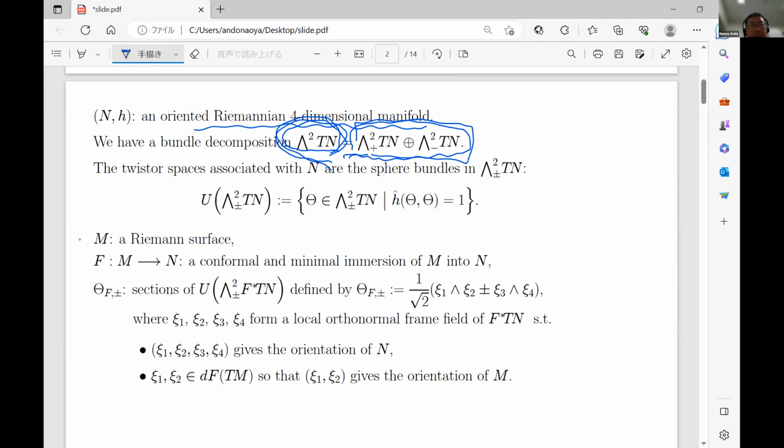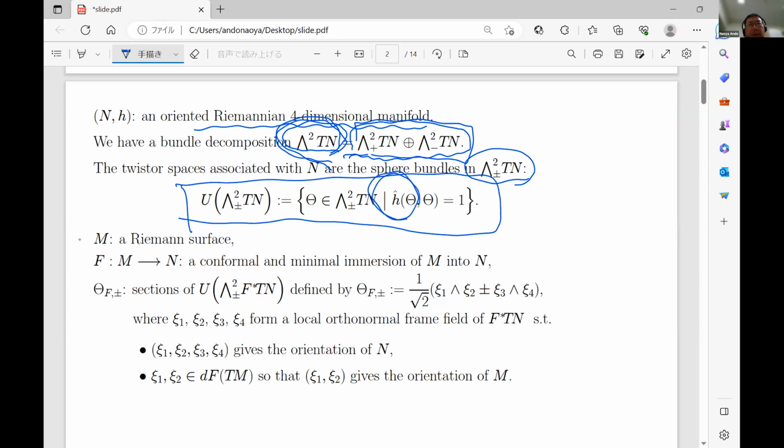The twistor spaces associated with N are the sphere bundles in these subbundles, defined by this. H hat here is the metric induced on the twofold exterior power by the metric of N. Let M be a Riemann surface and F a conformal and minimal immersion of M into N. Then F gives the twistor lifts θ_F^±.